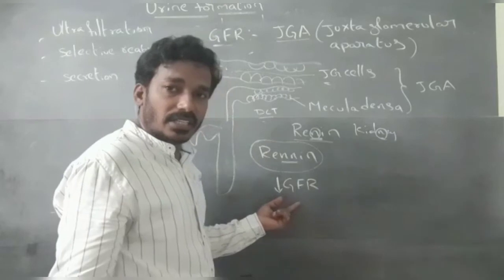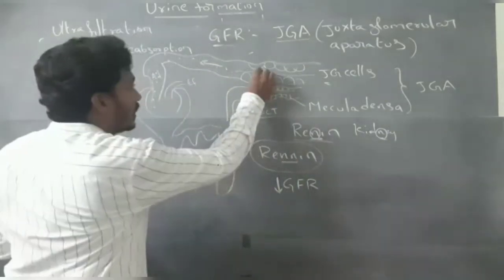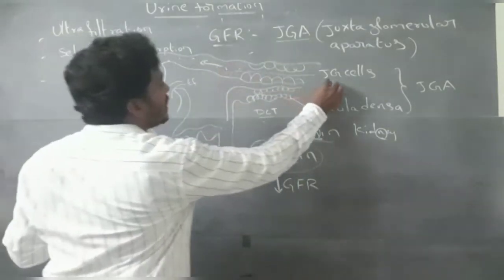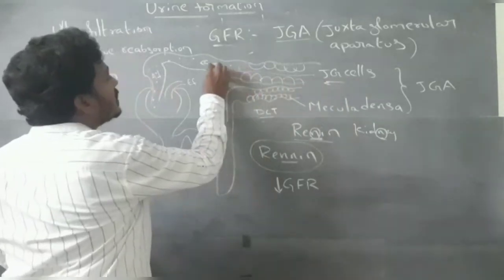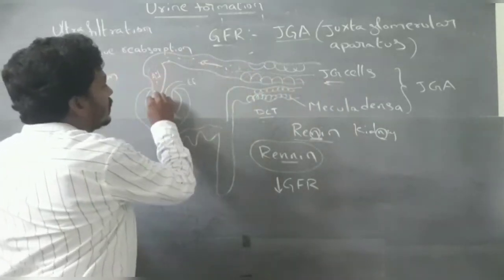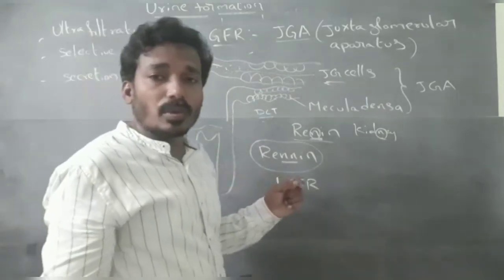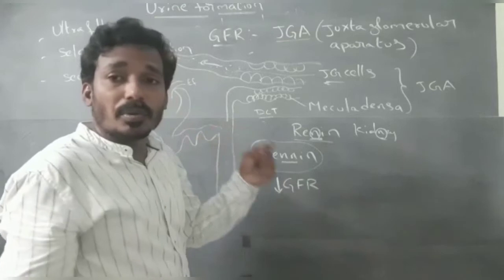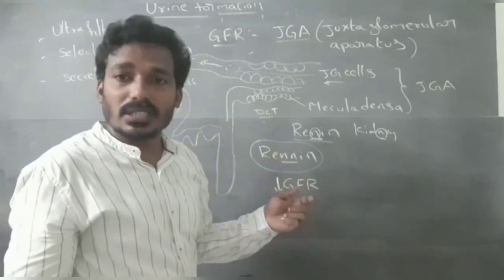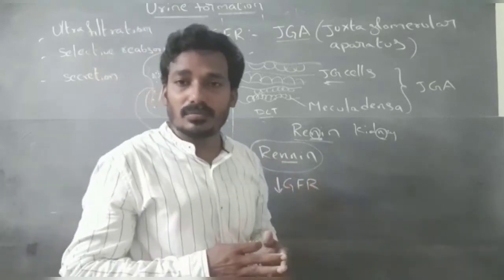This renin flows into the afferent arteriole and causes an increase in the glomerular blood flow, which increases the glomerular filtration pressure or rate.